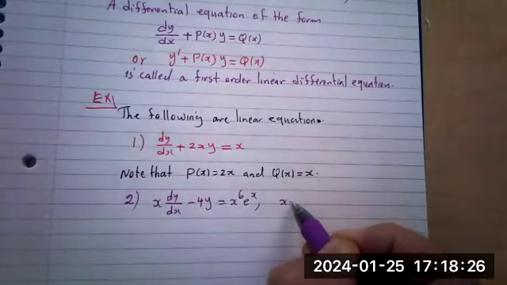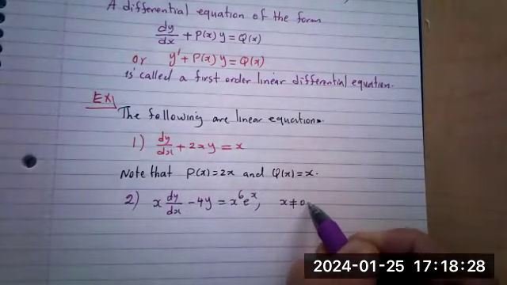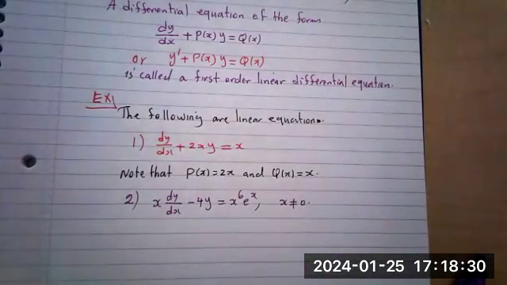And they give you the assumption that x is not equal to 0. If that's given to you, your job is to divide by x first. When you divide by x, that will be the classic form of the linear equation. So you better do it right at the beginning. If you miss it, you will end up with a complicated integral. So if you find it uncomfortable, probably you missed this one.